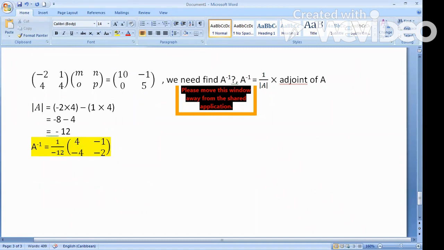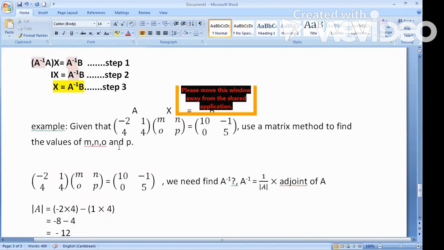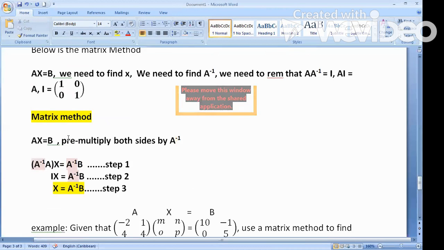So let's go back to the main question now. Step 1 says what? You pre-multiply both sides by A inverse.